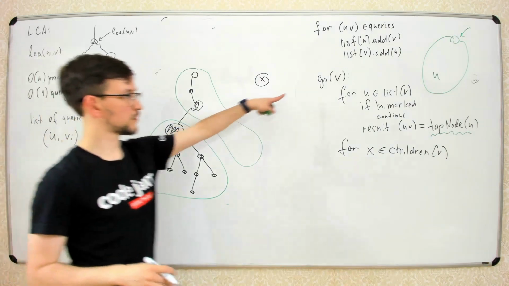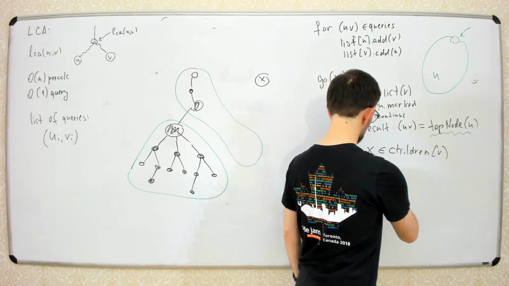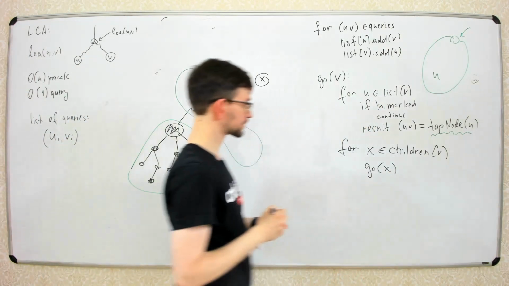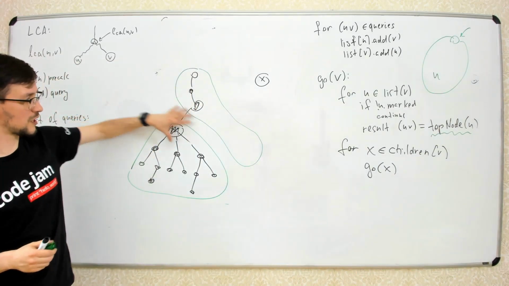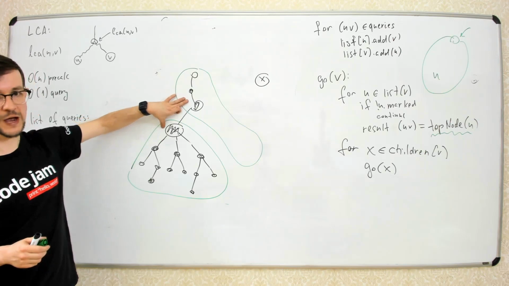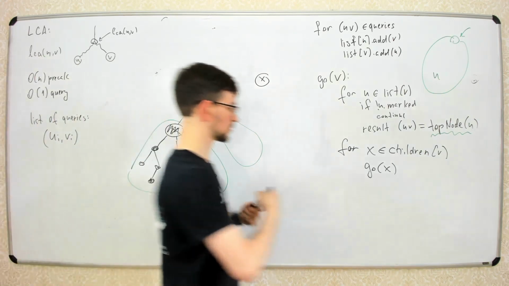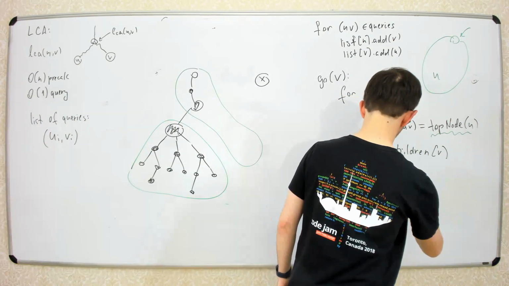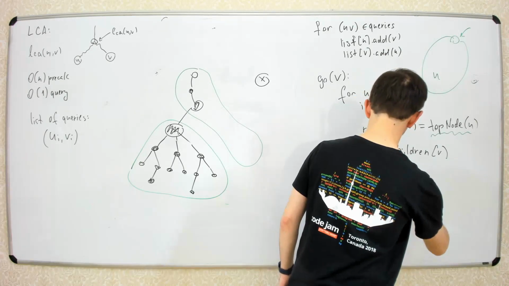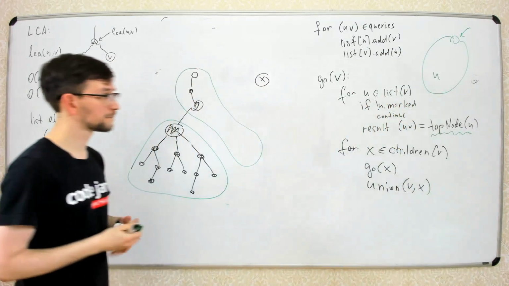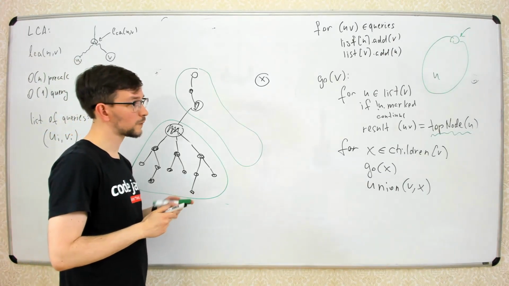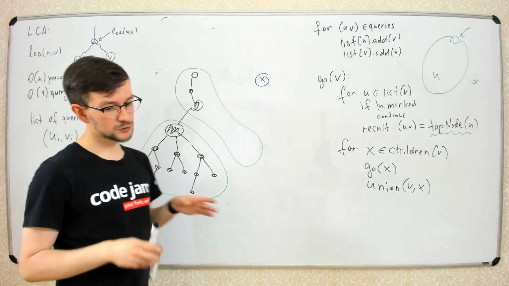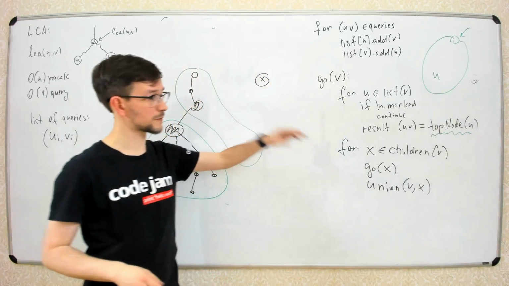Call the same recursive procedure for this node. And then in the end, when I finish the traversal of this tree, I will simply unite these two sets into one. That's all. So that's simple. That's the whole algorithm.